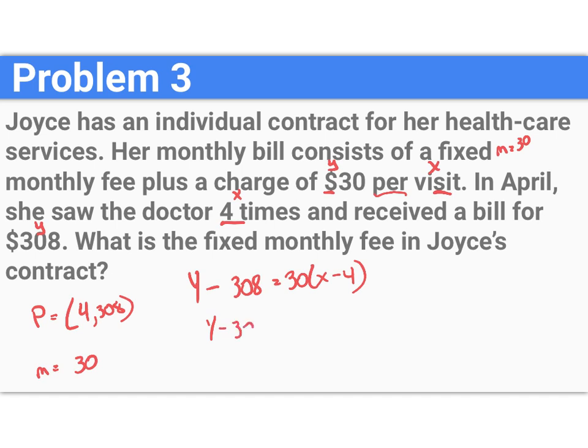Y minus 308 equals 30x minus 120. Add 308 to both sides.